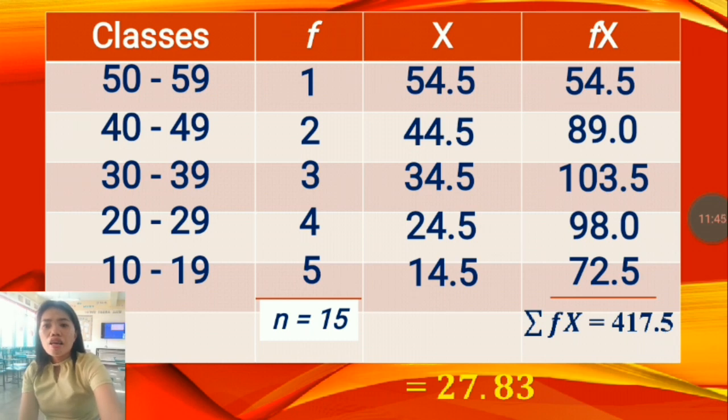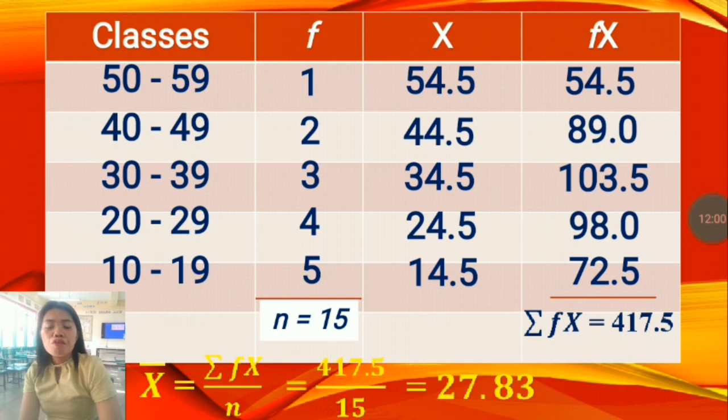Going back to the formula, the sample mean is equal to the summation of fx over n, so we have 417.5 over 15, because our summation of fx is 417.5 and our n is 15. That gives us 27.83 as our sample mean. Okay, I hope everything is clear so far.